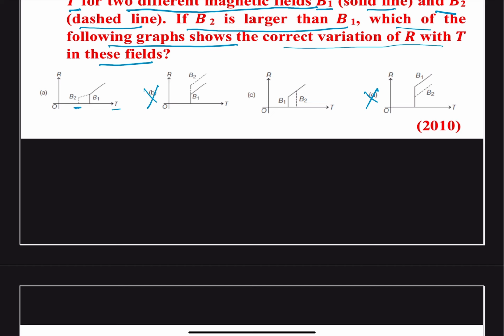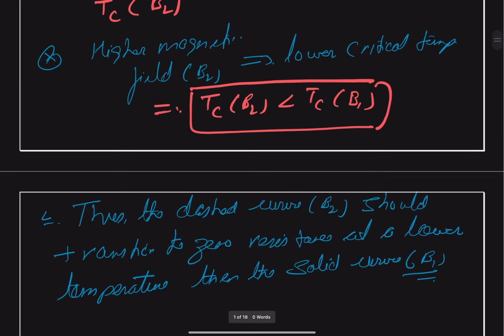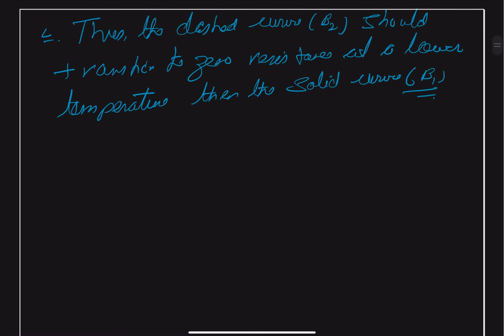The only comparison is to be made between option A and option C. But because the magnetic field B2 is greater than B1, based on the resistive property with respect to their magnetic field, you can say option A is correct.